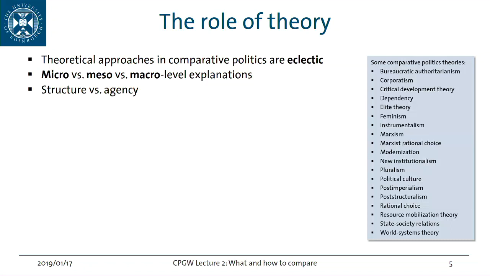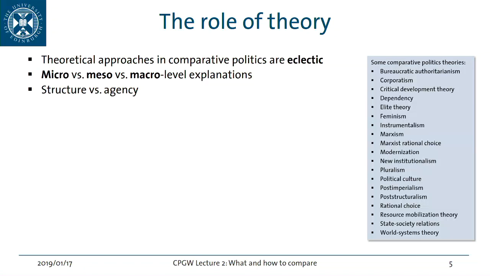There is an old discussion in the field, actually in other fields of political science too, about structure versus agency. How much of a role do these structures around us play? How unchanging are they? How much are they guiding our behavior? And how much agency do we, individually or as collective actors, really have? How much can we determine? How much can we change over time? Or are we bound to these institutional structures more or less forever?